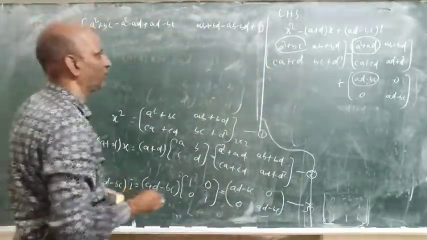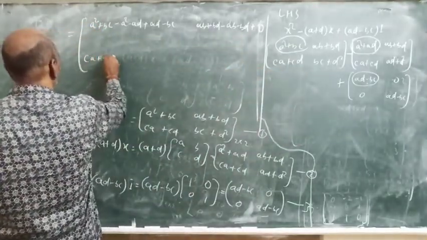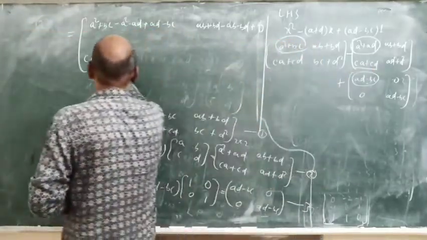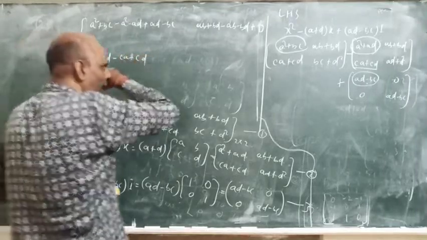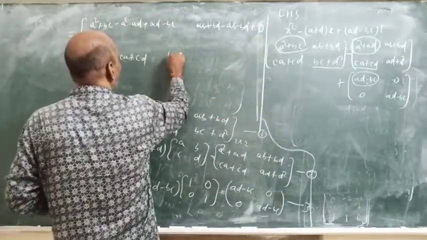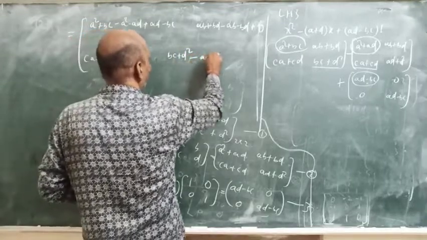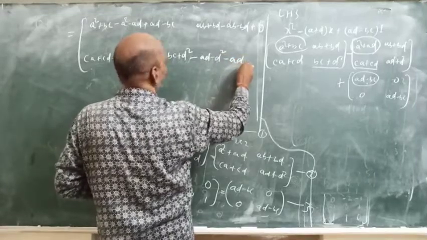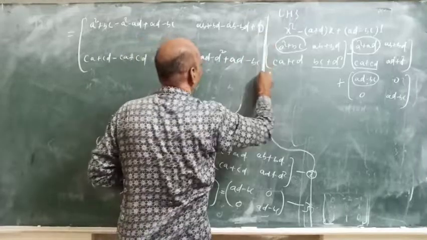Now the third one: ca plus cd minus ca minus cd, that is 0. Then bc plus d square minus ad minus d square plus ad minus bc.